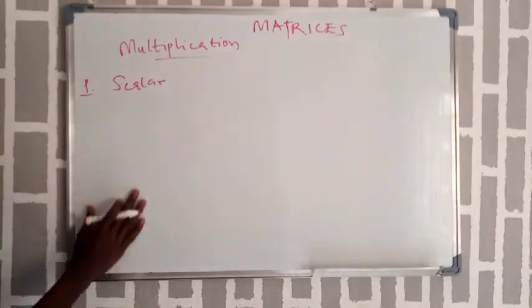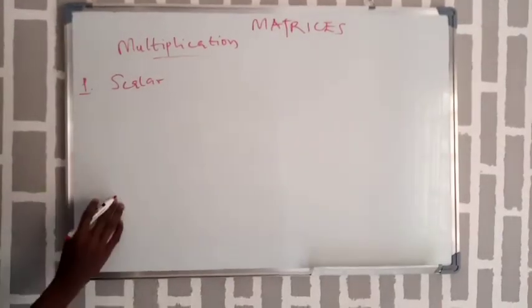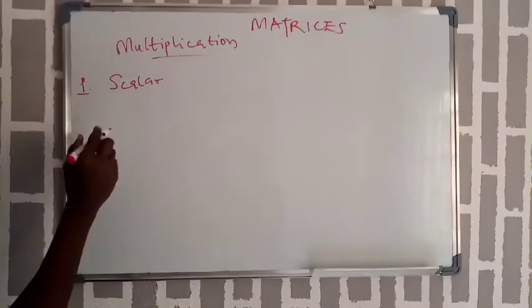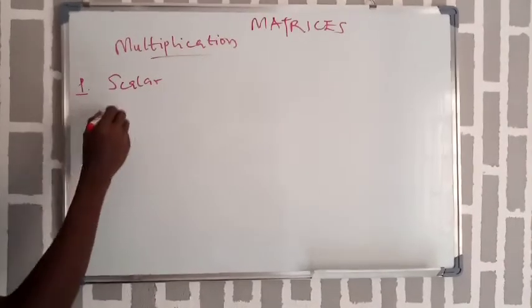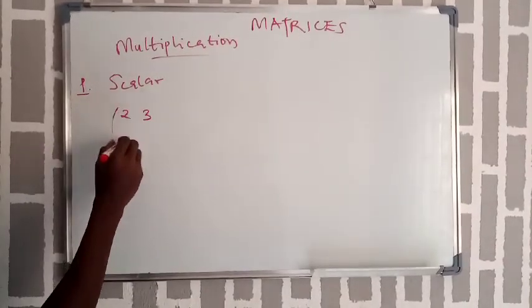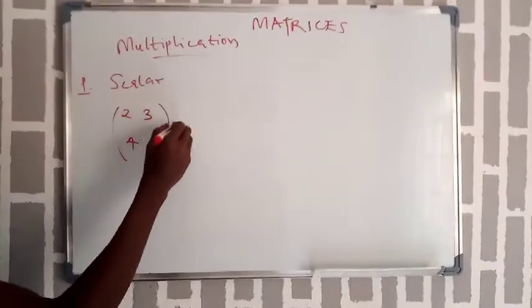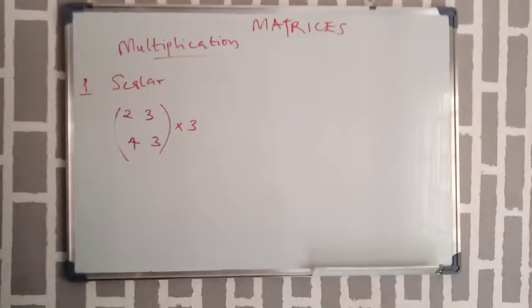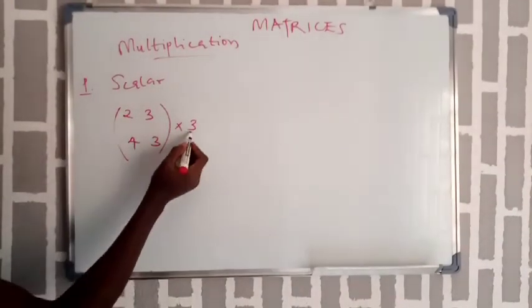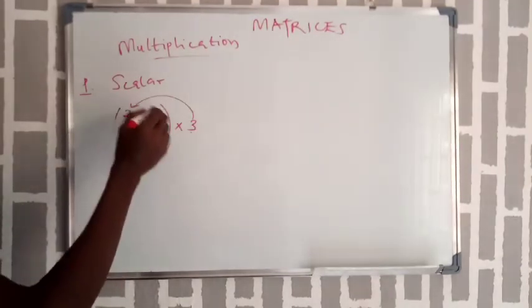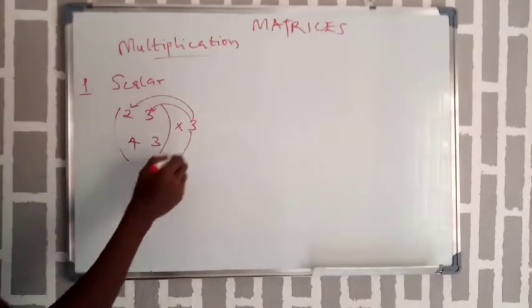In scalar multiplication, a matrix is multiplied by a whole number. This whole number now multiplies each element of the matrix individually.